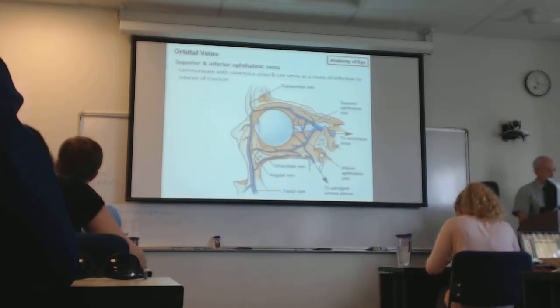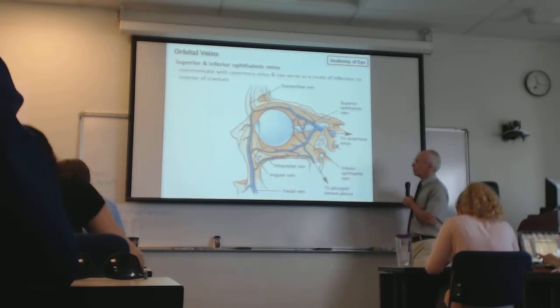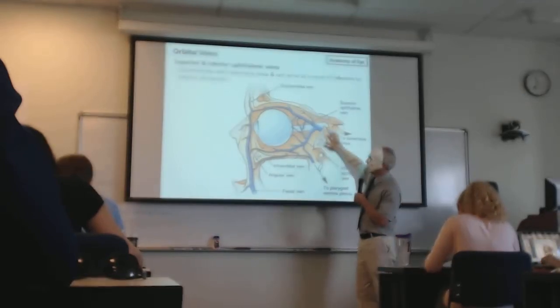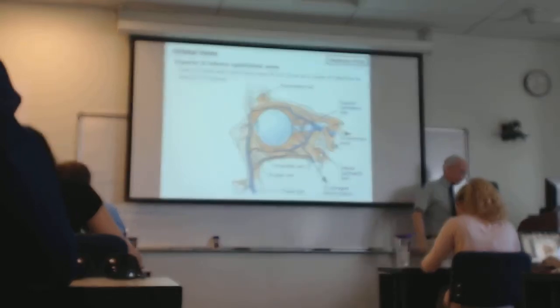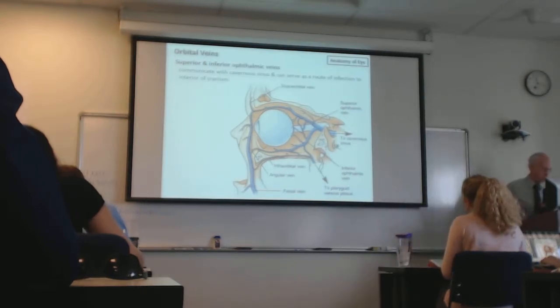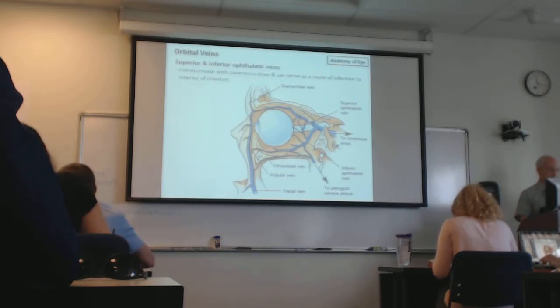I think we mentioned earlier that the corresponding veins in this region are much more interconnected than the arteries. There is, for example, an anastomosis between the ophthalmic artery and the transverse facial artery, but that's comparatively minimal by comparison to the dense interconnection of veins around the eye.